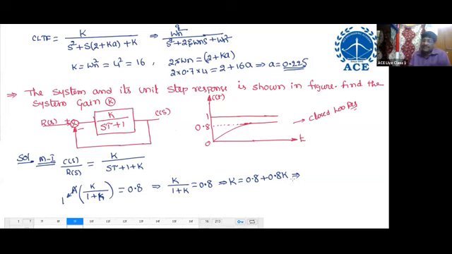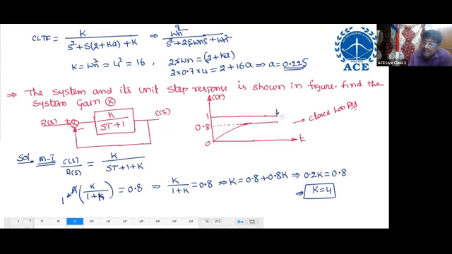K equals how much? 4. It is not an open loop gain. It is not an open loop system response. It is a closed loop system response. You have to find the K for the closed loop system. K equals 4.